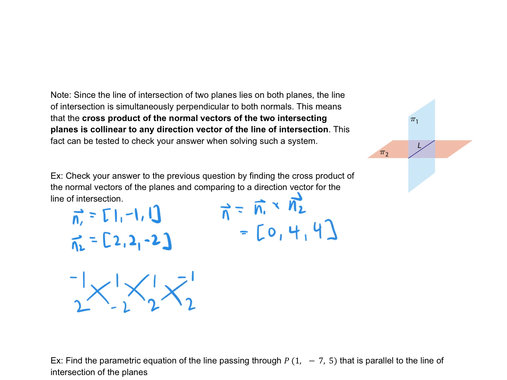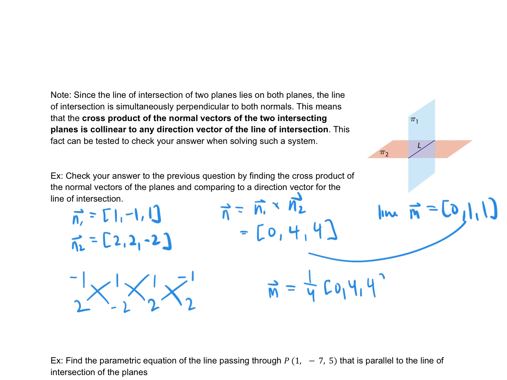Now, the direction vector we got from our previous line, so I'll put M for direction vector, was 0, 1, 1. And look at that. Those are collinear vectors, which is exactly what that test told us we would get. So I can write my direction vector as a quarter of that perpendicular vector I just got. So that's great.